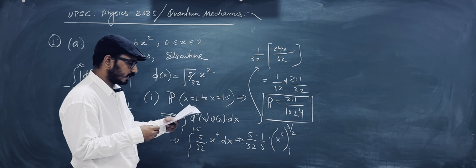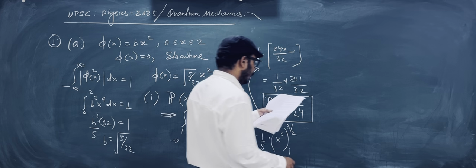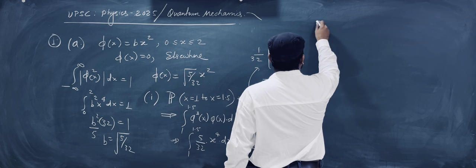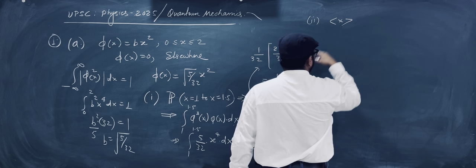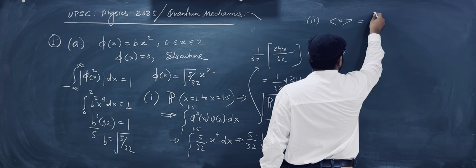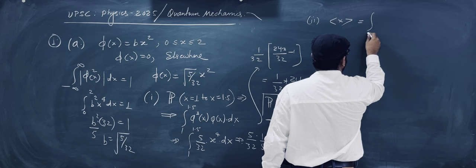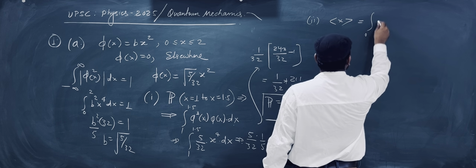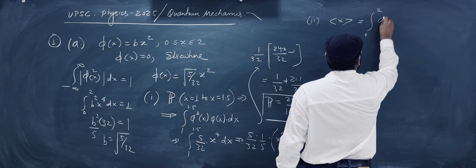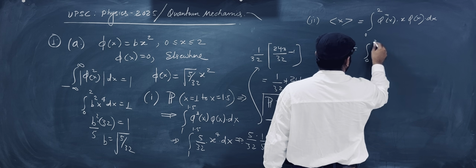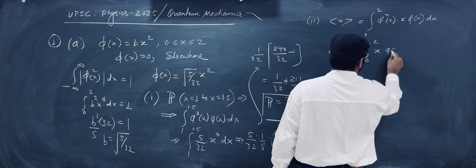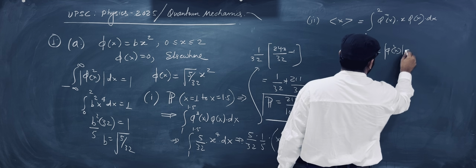So the second question is find the expectation value of x. So we can find the expectation value of this function. This will be minus infinity to infinity, so the limit here is 0 to 2, psi star x times x times phi x dx, which can be written as 0 to 2 x phi x square dx.